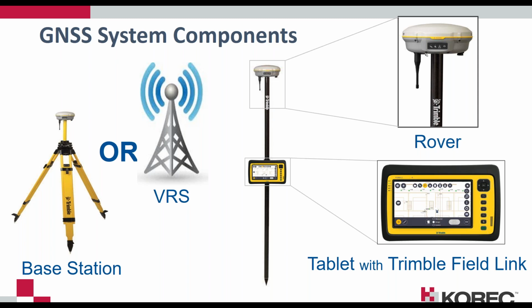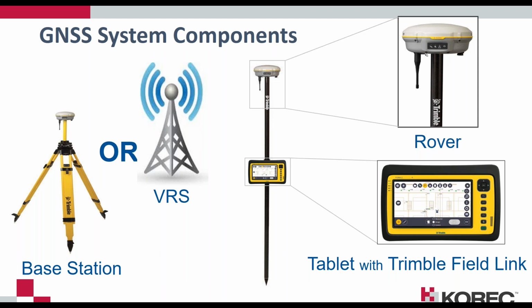Or depending on your location, you can log into Trimble VRS and take corrections directly from the website. As long as you've got a SIM card installed in the tablet, this is a nice seamless way of working. I suppose pipeline runs, long projects, highways, that kind of scenario is when VRS really comes into its own.